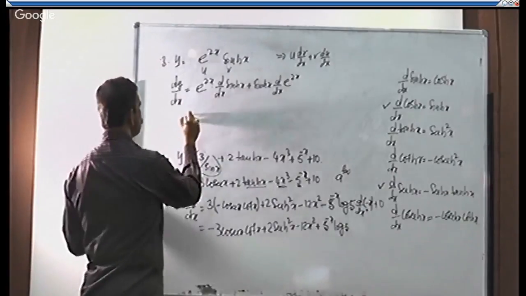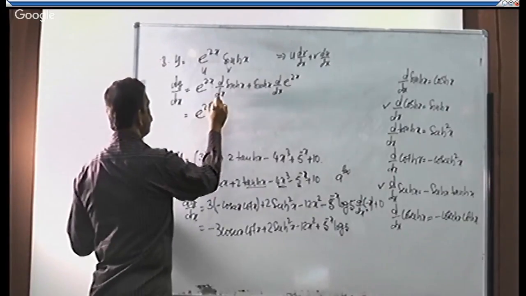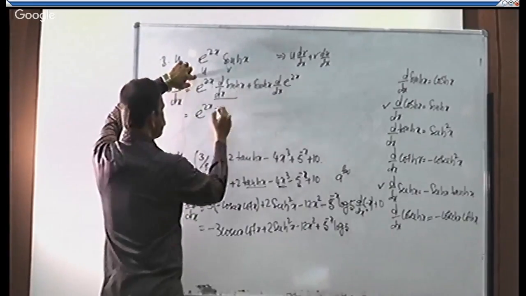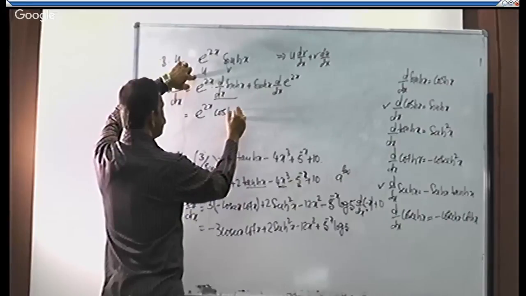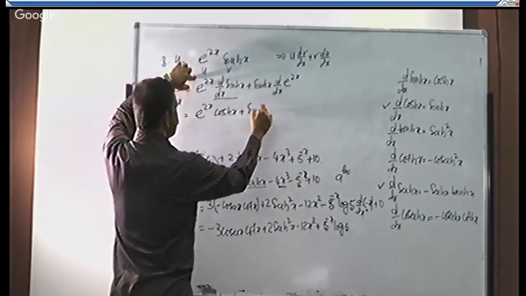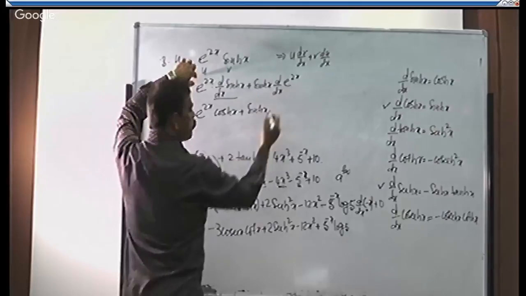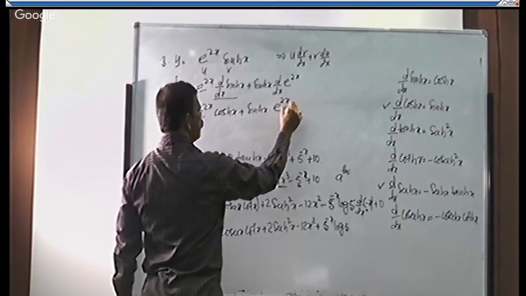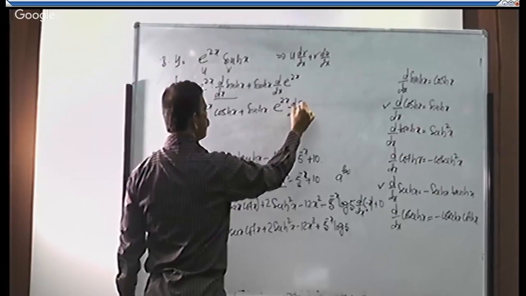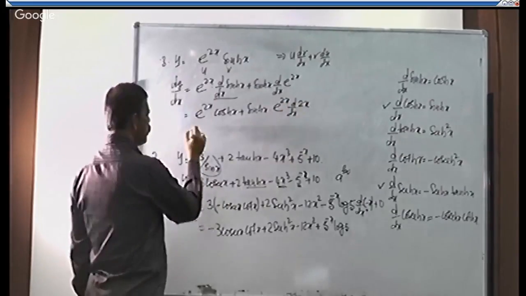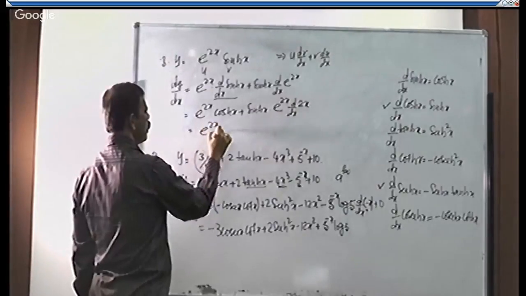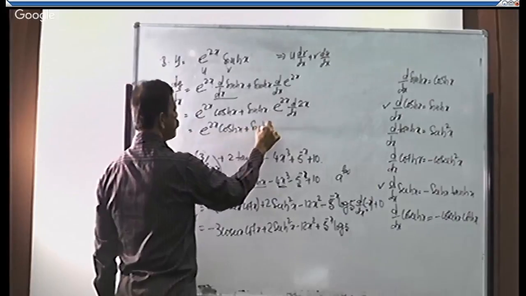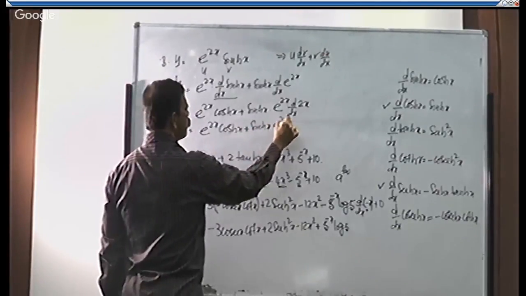Next, wherever we have d by dx, you just differentiate it. E to the power of 2x, differentiation of sin hx is cos hx, plus sin hx into differentiation of e power function. What is differentiation of e power function? It is e power function into d by dx of 2x. That is e power 2x into cos hx plus sin hx into differentiation of 2x.